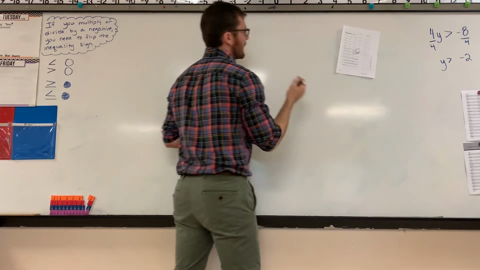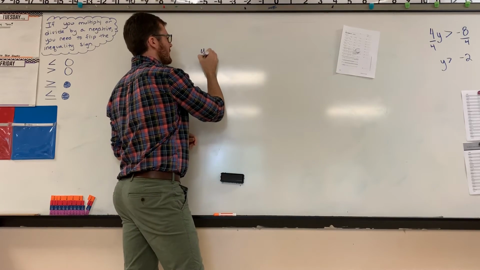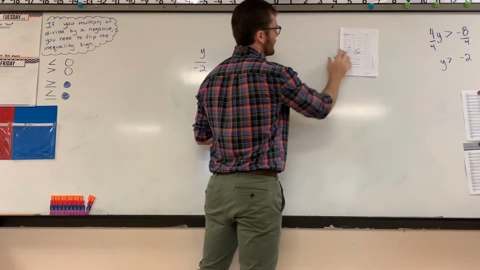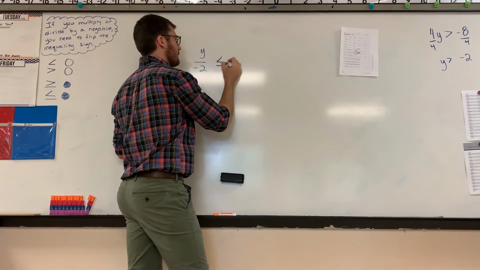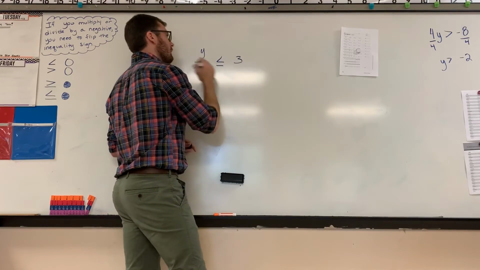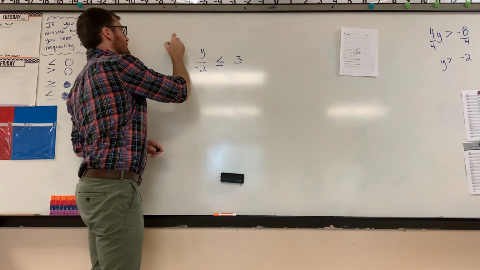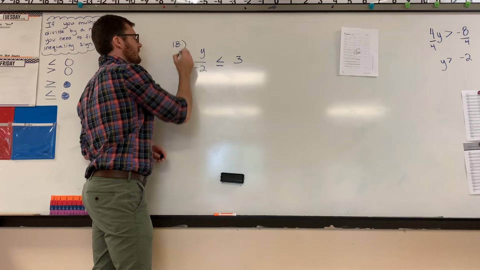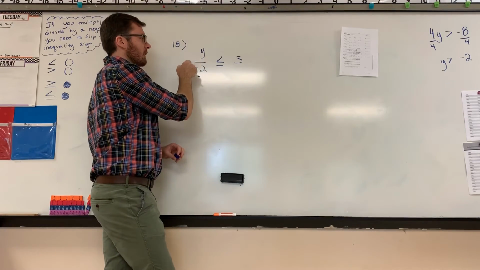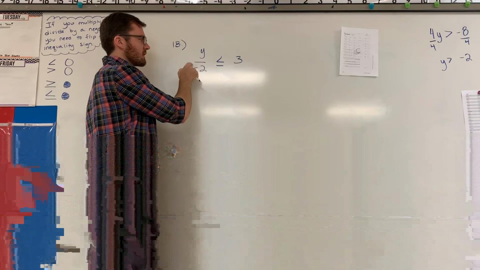18 has a negative involved with it, so y divided by -2 is less than or equal to 3. The reason why I wanted to work on 18 is because, first of all, this is a fraction, so y divided by -2, seeing this fraction as division.